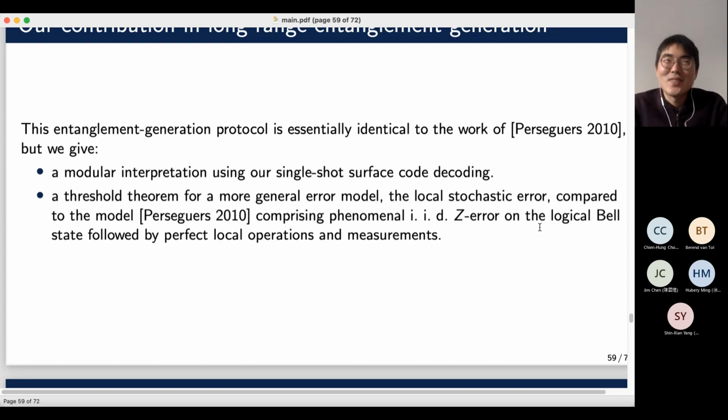So in our case, we considered circuit-level noise, but using local stochastic errors, we somewhat avoided this problem, and we proved it for the phenomenal case of the local stochastic error.